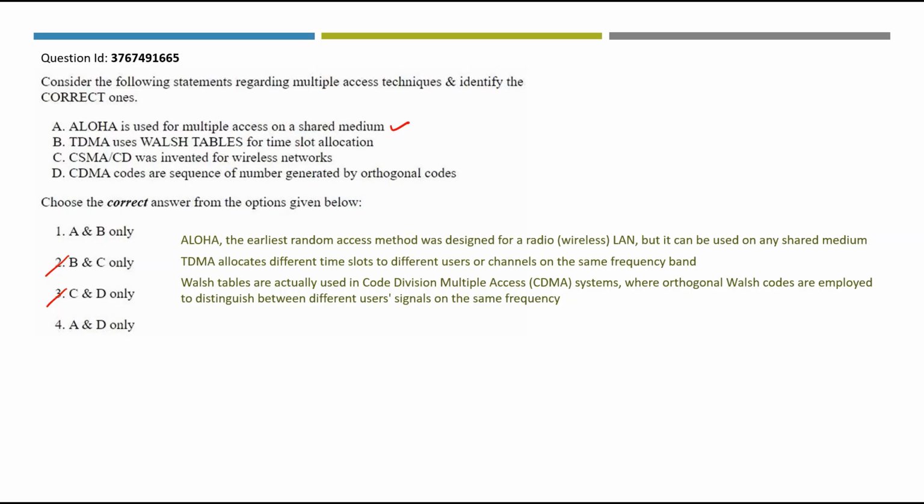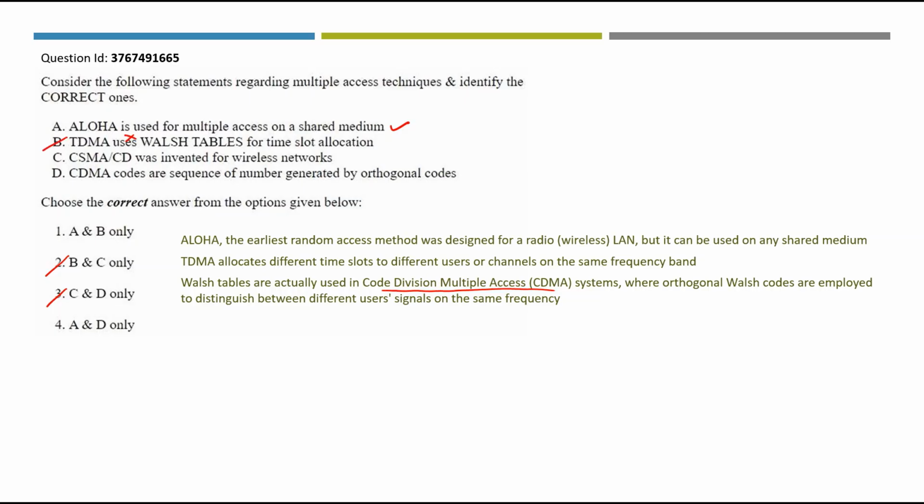Walsh tables are actually used in code division multiple access. CDMA systems use Walsh tables where orthogonal Walsh codes are employed to distinguish between different user signals on the same frequency. So TDMA does not use Walsh tables.